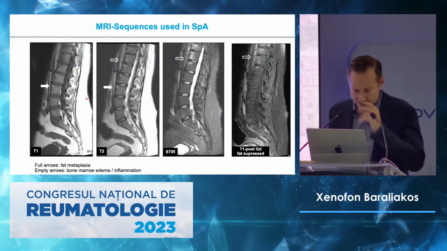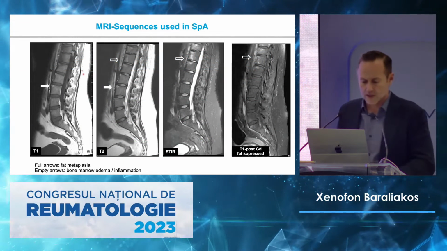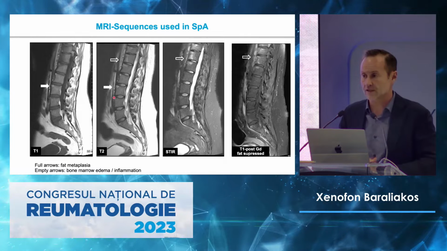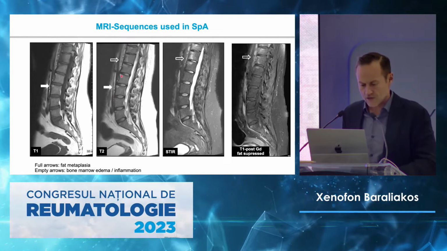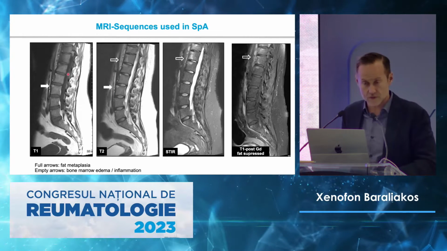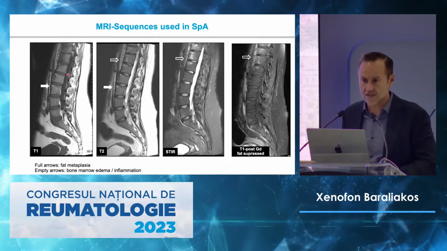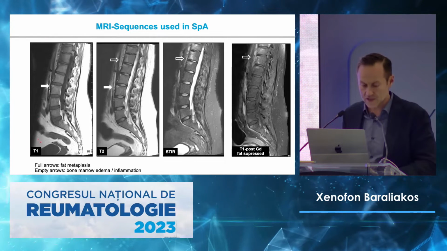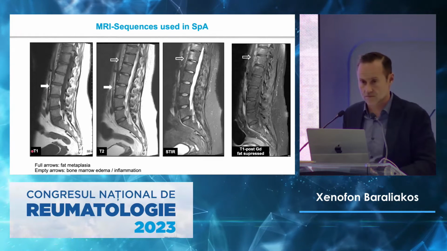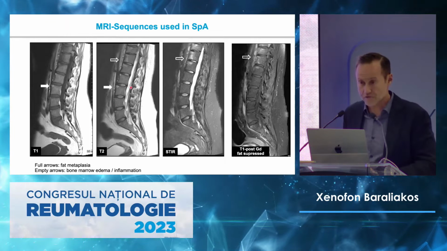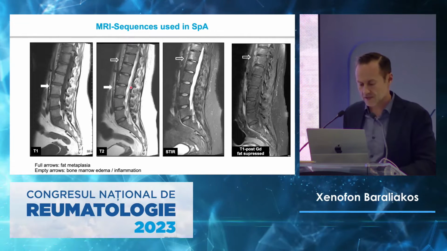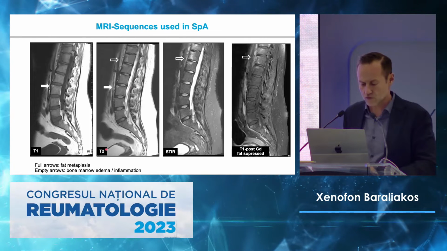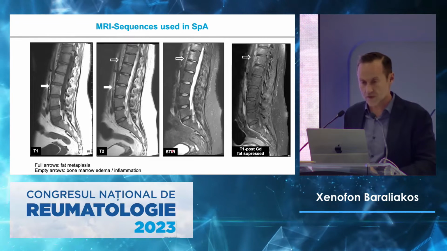Now, how does it look? First of all, you have to look at the areas where you have fluid. If you don't have fluid in the cerebrospinal fluid area, then it's typically a T1 sequence. If you do have fluid, then you go further and ask if you have a T2 or a STIR sequence.